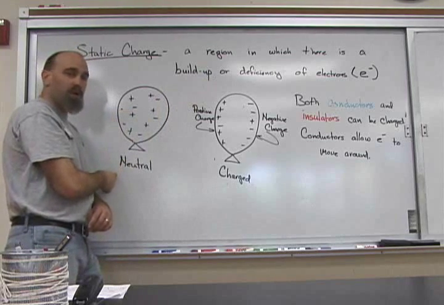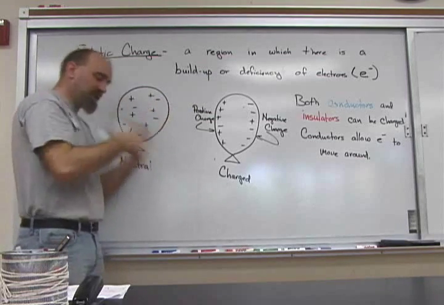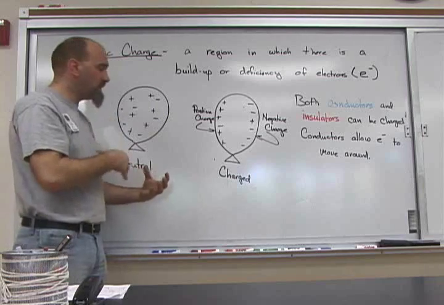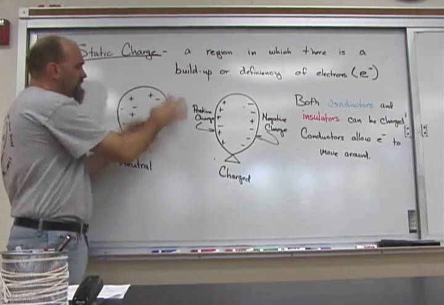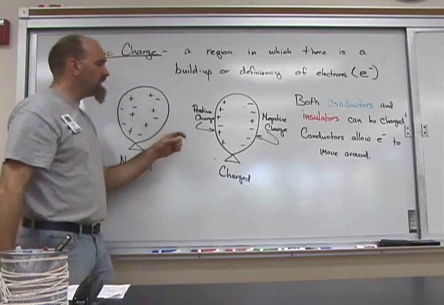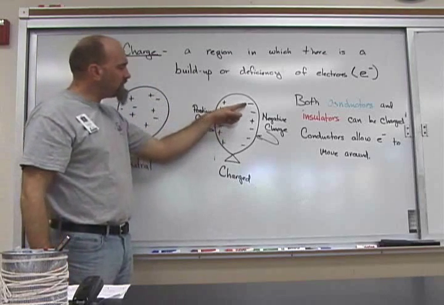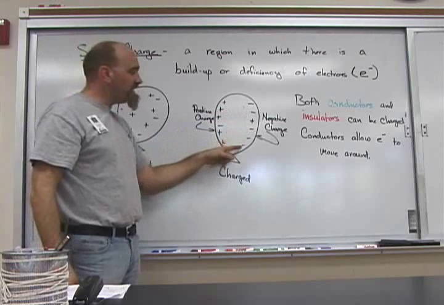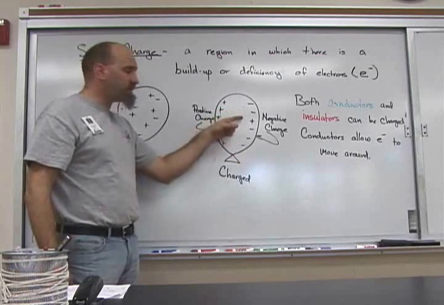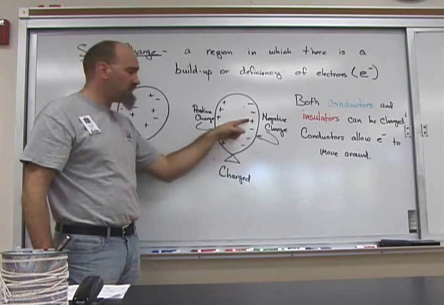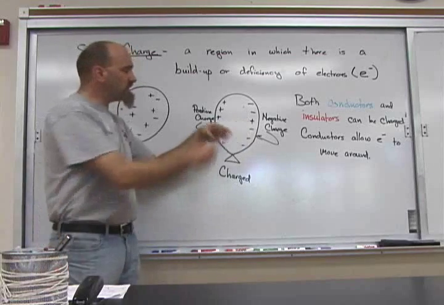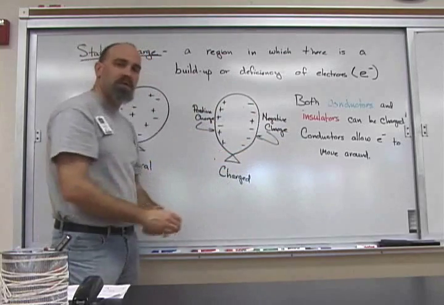We call this neutral. But if I take this balloon and I rub it on my clothing, basically I rearrange the way in which these particles are ordered relative to each other. On one side, I have a lot of negative electrons. Not to say that there are no protons on this side, but there's just a lot of electrons that happen to be on one side.